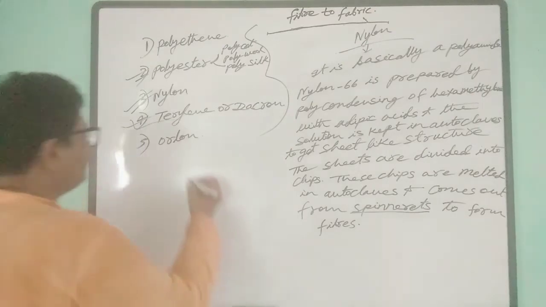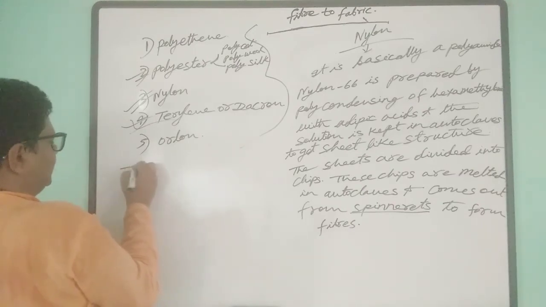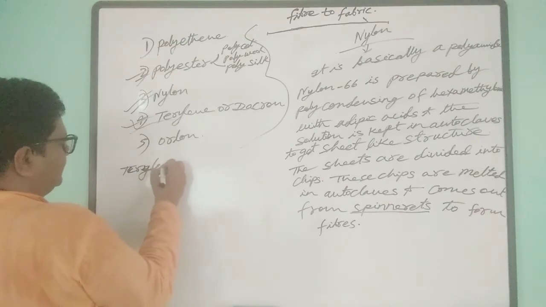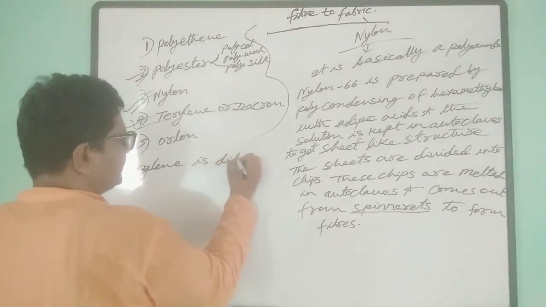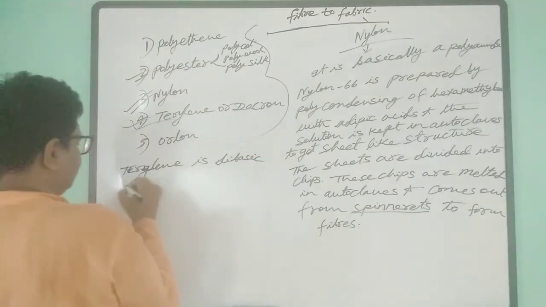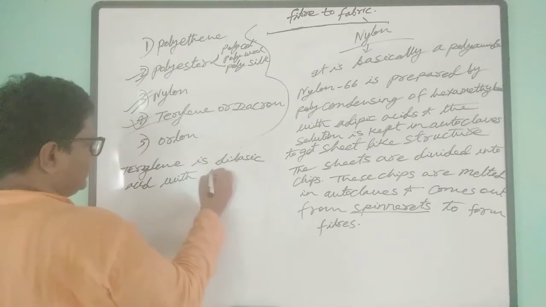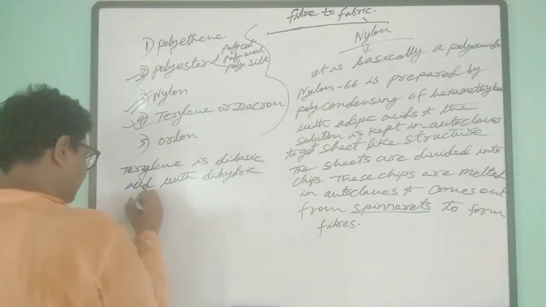Terylene is prepared from dibasic acid with dihydric alcohol.